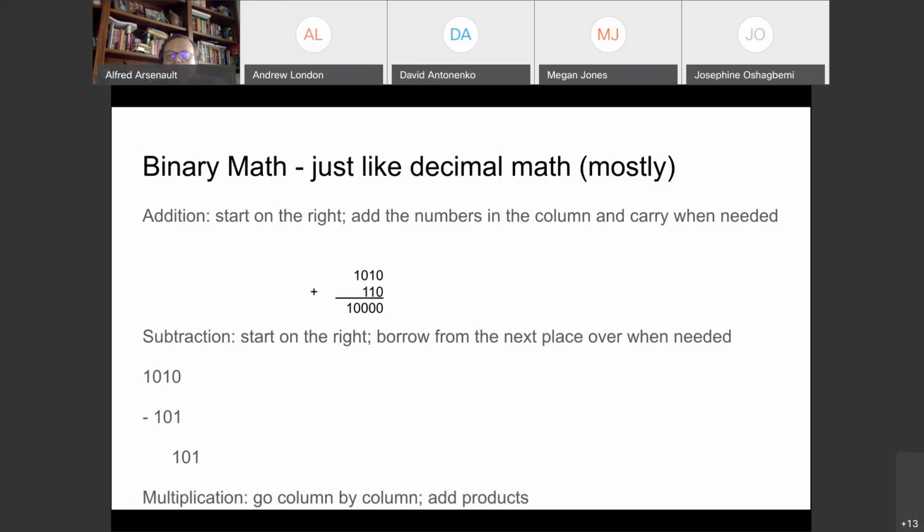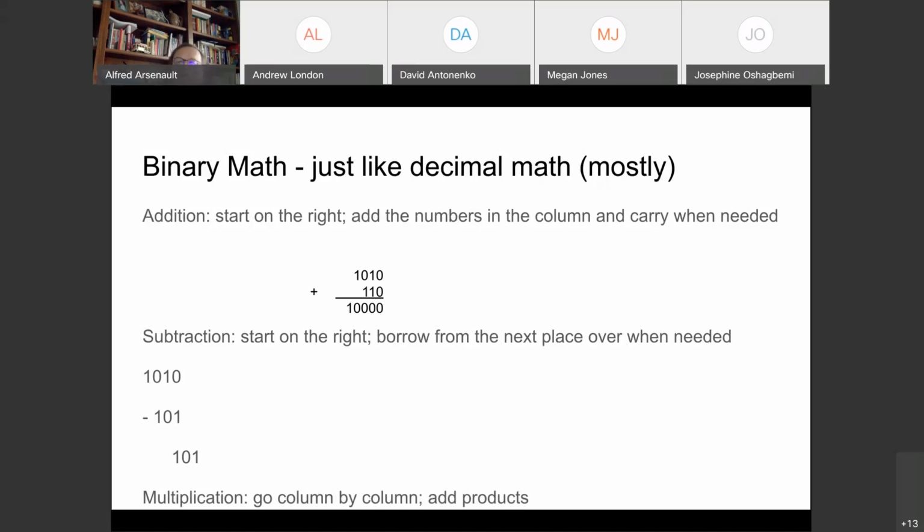Now, in the third column, we have 0 plus 1 plus the 1 we carried. That's 10. So we write down a 0, we carry the 1. Now in the fourth column, we just have the 1 from the top number. The bottom number, all of those leading digits are implicitly 0, so there's nothing to the left of the 110. So in the fourth column, we had a 1.